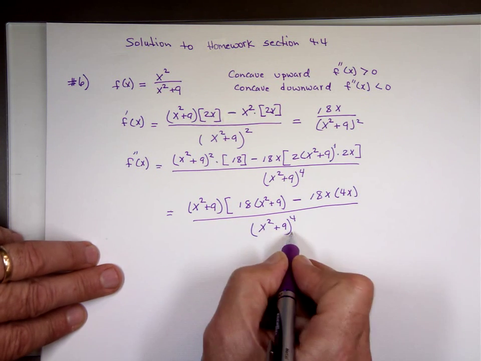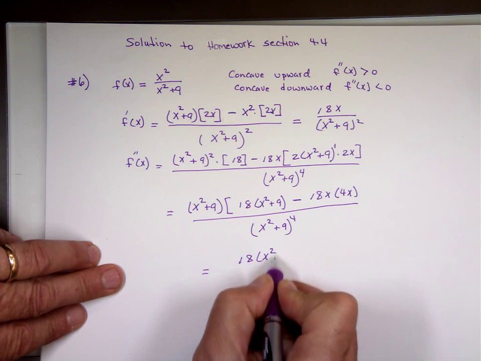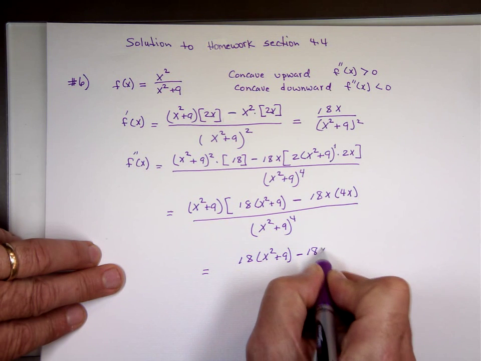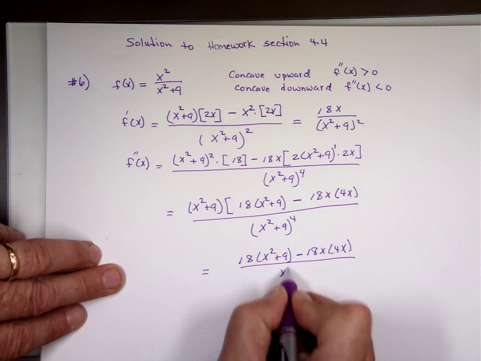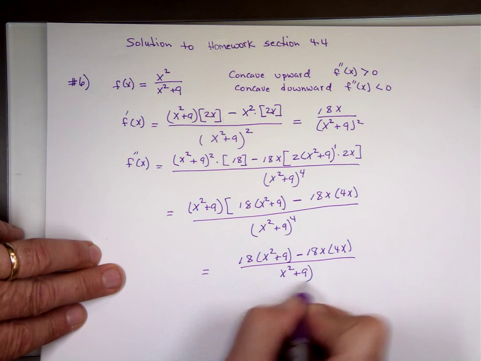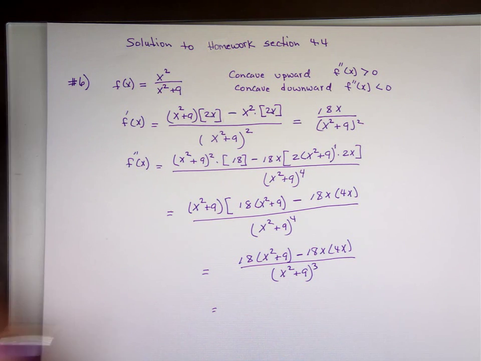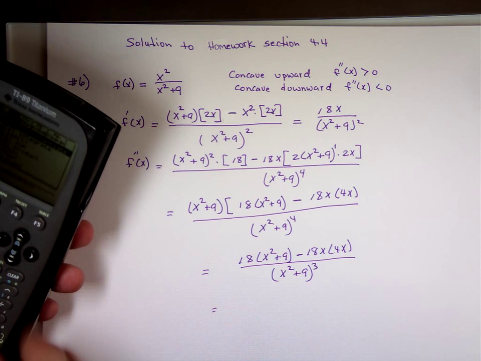That will cancel one of these. That will leave me with 18 times x squared plus 9 minus 18x times 4x over x squared plus 9 to the third. And I'll speed up the process here.